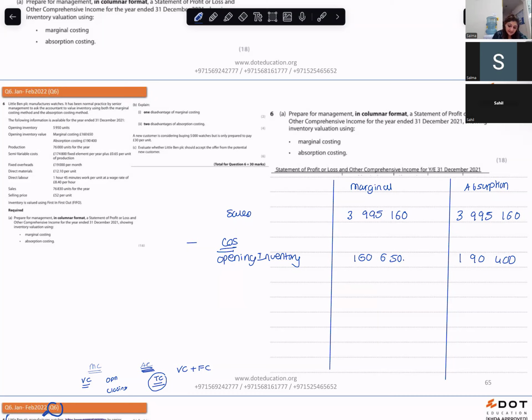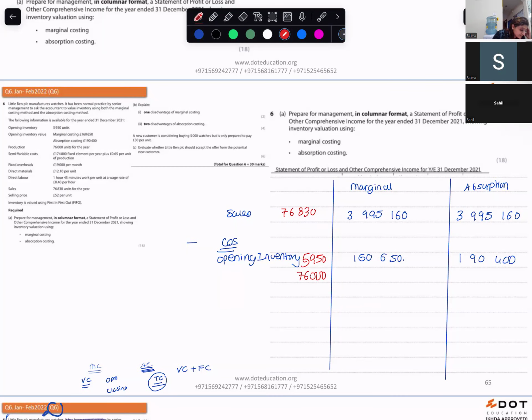Sales is how many units? 76,830. Minus cost of sales. Opening inventory is how many units? 5,950. And production is 76,000 units.